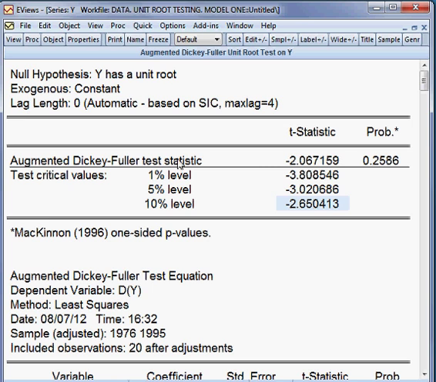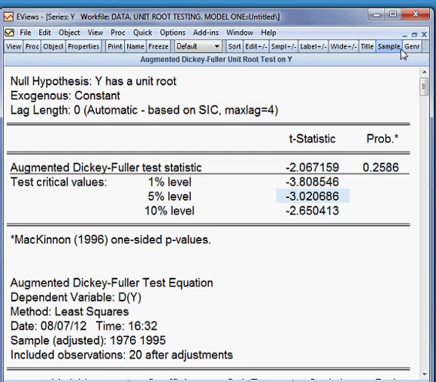So here there are 3 critical values. Out of 3, normally we choose the 5% level, meaning minus 3.020686. That is the critical value.